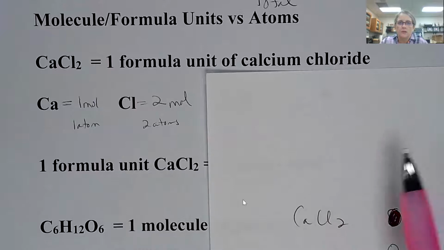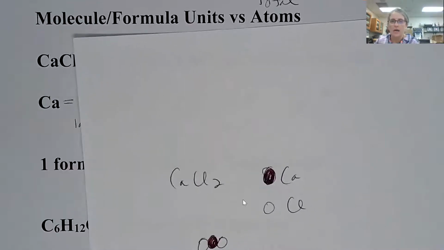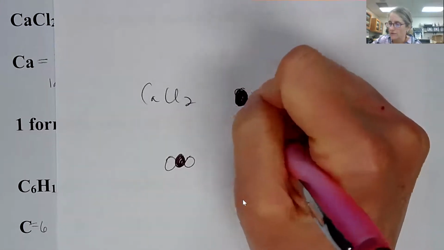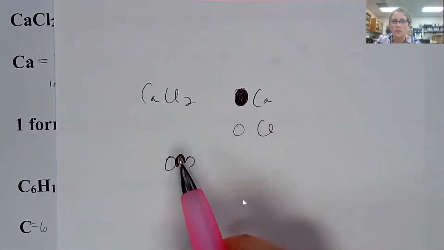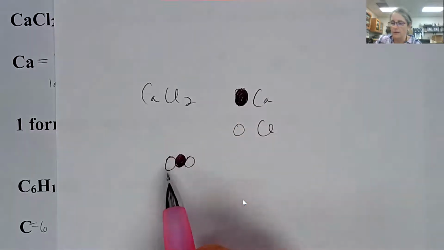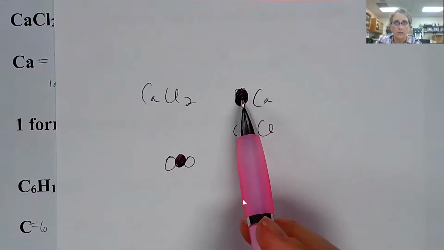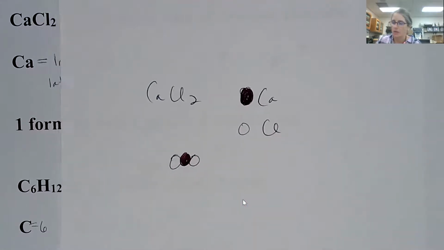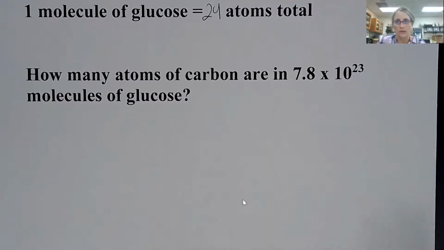From our first example of calcium chloride as a formula unit, I could draw this as a picture. If I have a filled-in circle for calcium and an open circle for chlorine, this would be essentially a formula unit or molecule of this. If I were to break it down, I would have 1 calcium and 2 chlorines as my total atoms. So what we're going to use this for is some calculations.